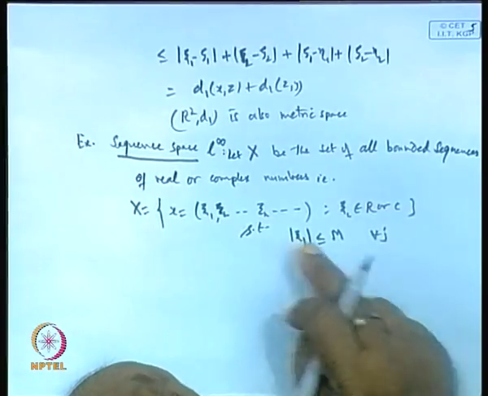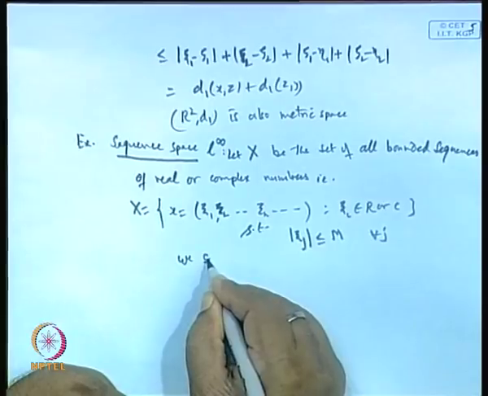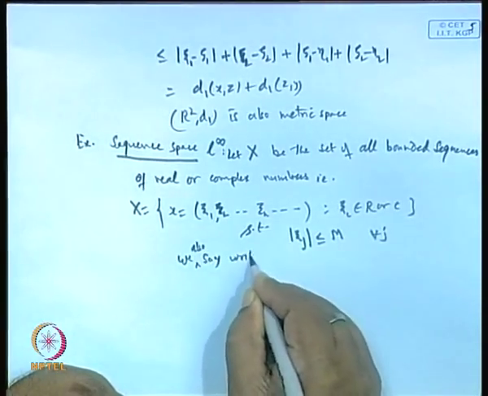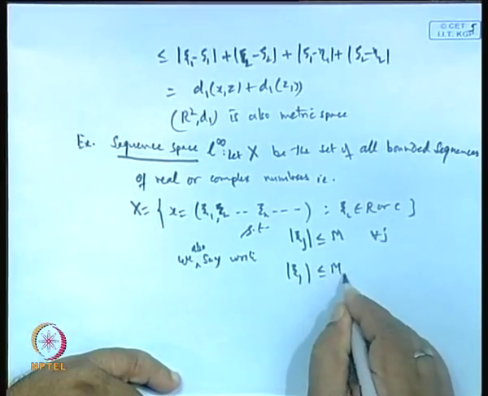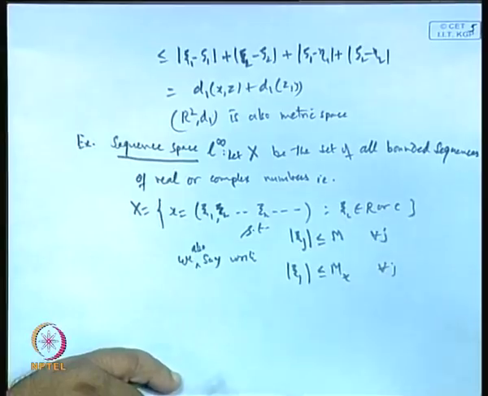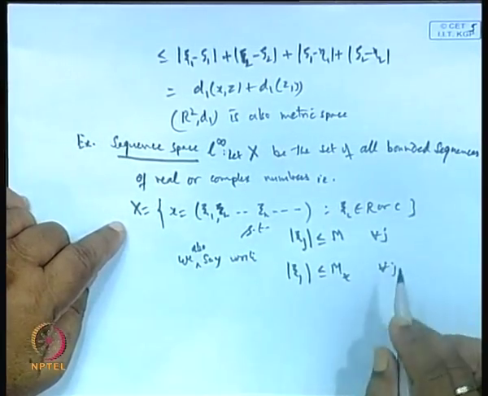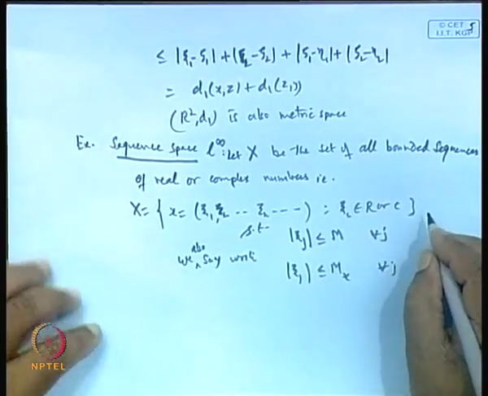Since this bound will depend on x, we also write this as |xi_j| is less than or equal to m_x for every j. So, X is the collection of all those infinite sequences which are bounded. This collection we denote by L infinity.